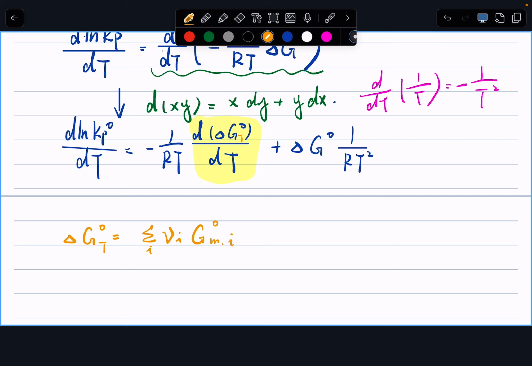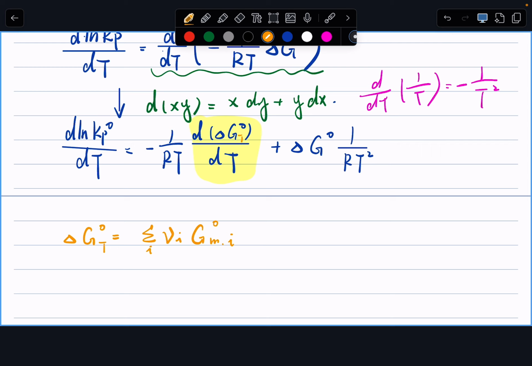In an ideal gas mixture, that's irrelevant. This is the definition of the delta G naught of the reaction, the standard Gibbs free energy of the reaction.